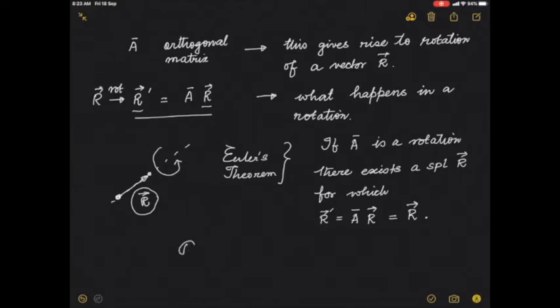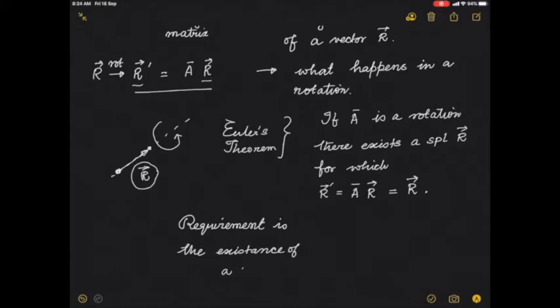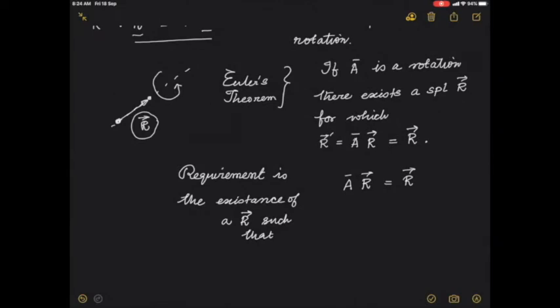Now if we dissect this further, we see what we get. The requirement is the existence of an r such that A r equals r.